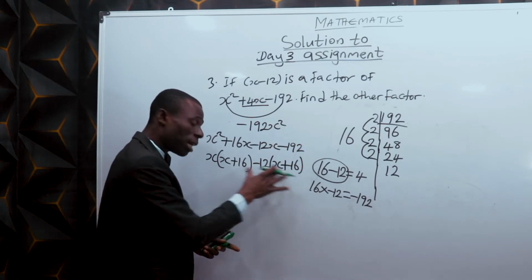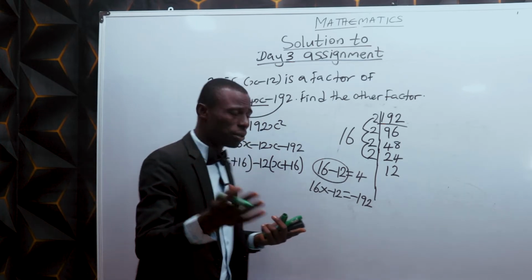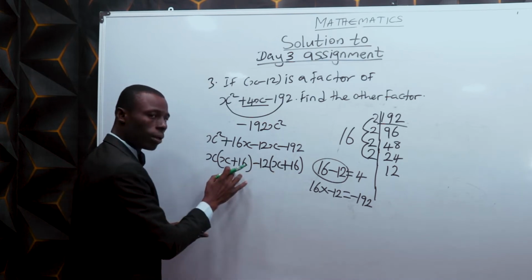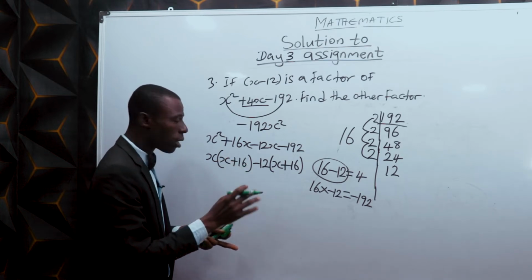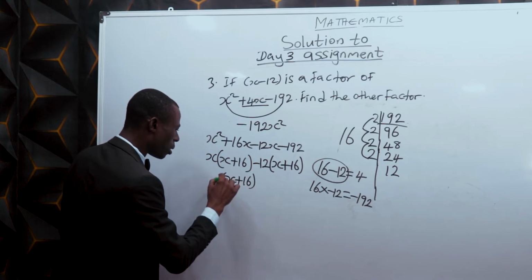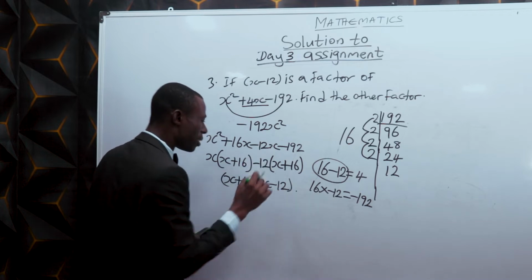No. Don't force them to be equal. Let them be equal just by process. So you can now see that we have equal elements in the two brackets. That shows we are correct. So you now factorize finally as x plus 16 into x minus 12. That is the end of the factorization.